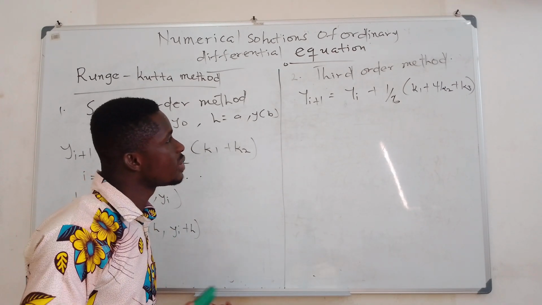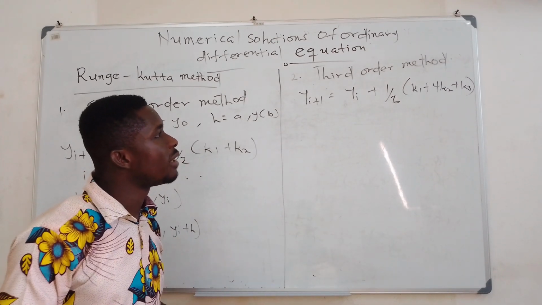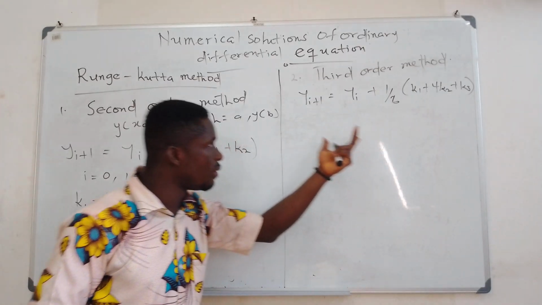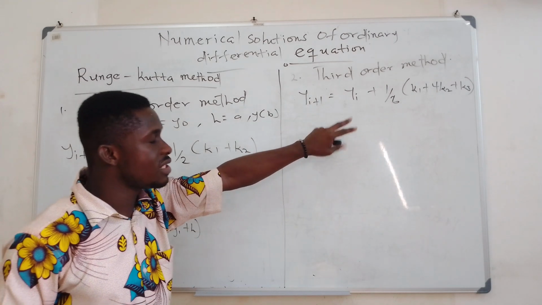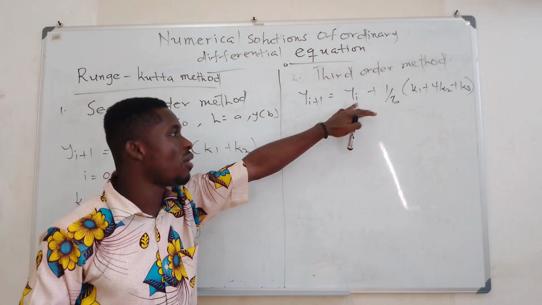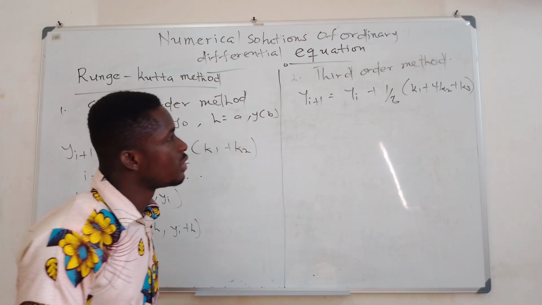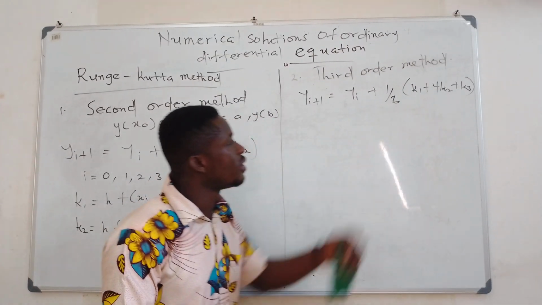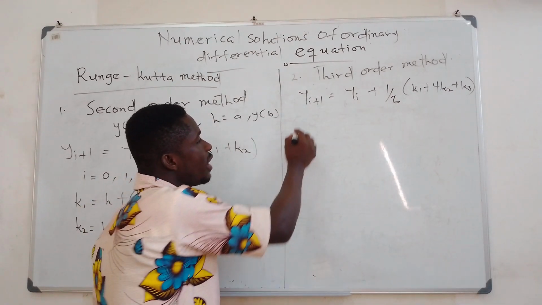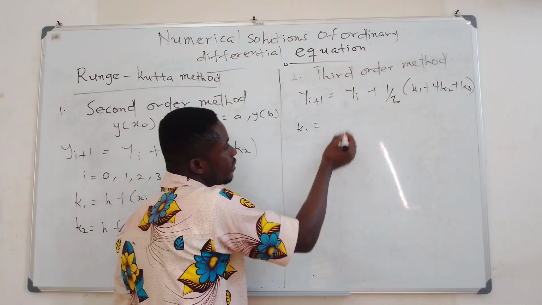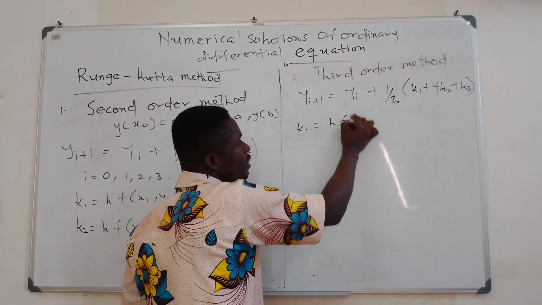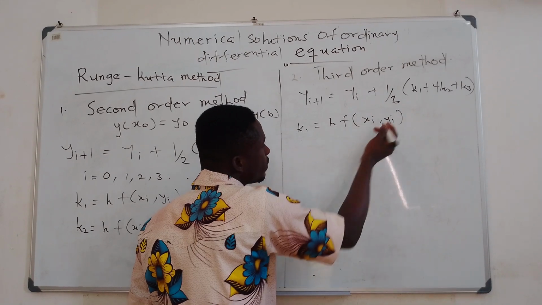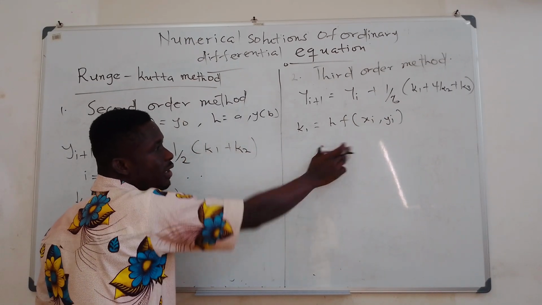So if the question says find the third order method using Runge-Kutta, it means that you are going to go by this algorithm. All the time the initial condition is given, so we normally know our y naught. Very good. So how do we find our k1, k2, and k3? In the third order, we find k1 as h multiplying the function f of xi, yi.